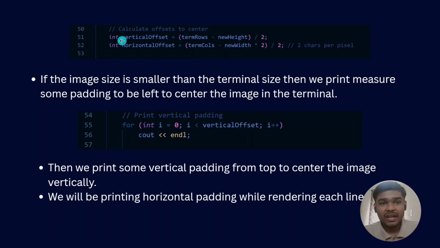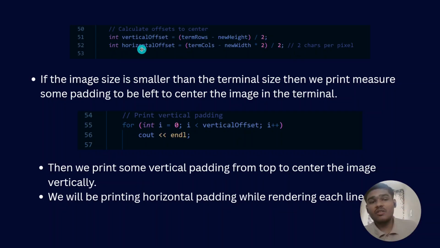Here for vertical, we have the vertical offset, which is terminal rows minus new height divided by 2. Why are we dividing it by 2? Because we will leave half the margin above the image and half the margin below the image.